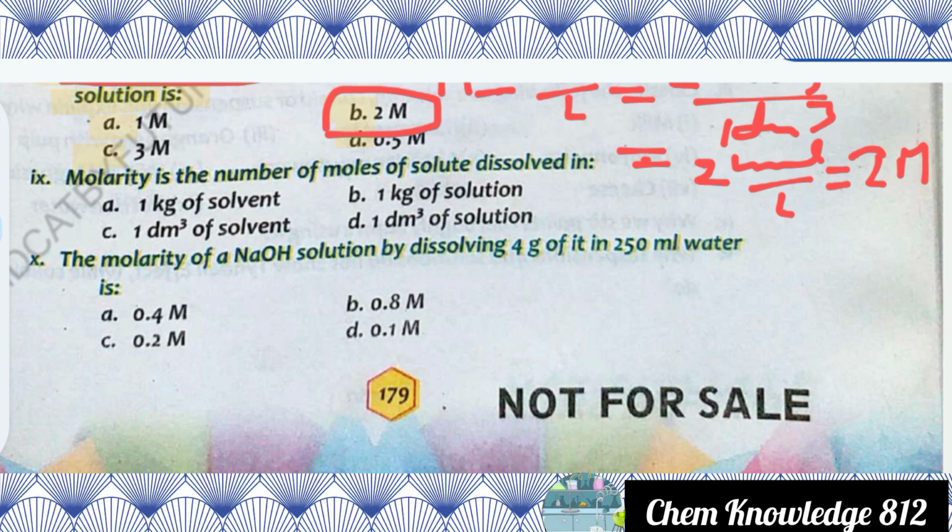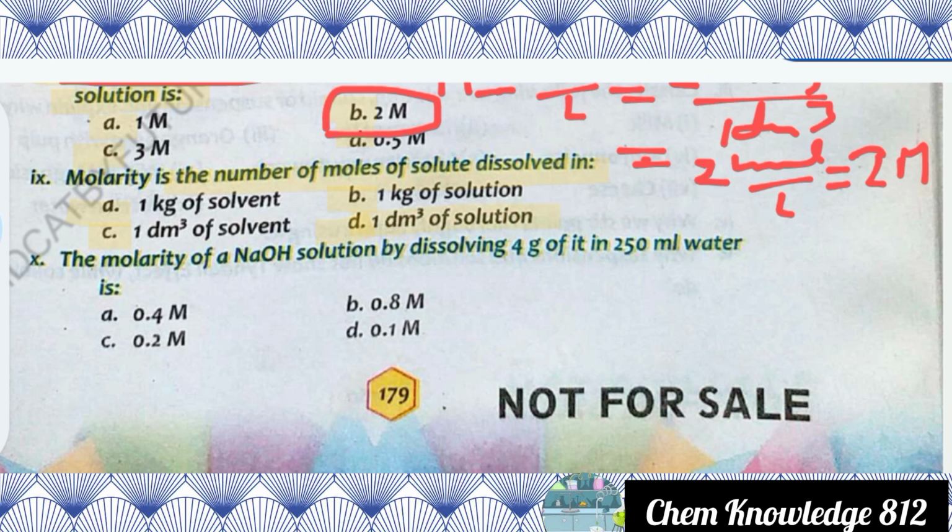Number 9. Molarity is the number of moles of solute dissolved in A. 1 kg of solvent, B. 1 kg of solution, C. 1 cubic decimeter of solvent, D. 1 cubic decimeter of solution. Molarity is the number of moles of solute per liter of solution, which is 1 decimeter cube of solution.